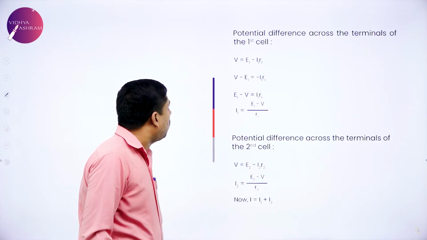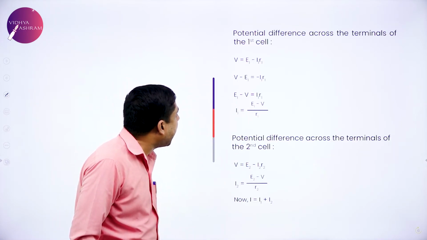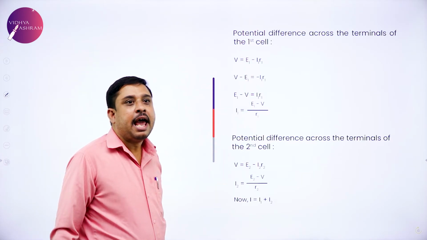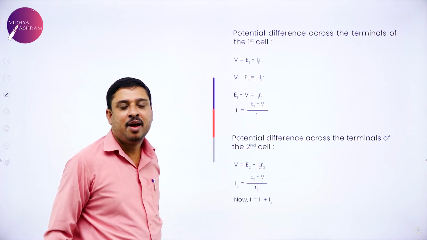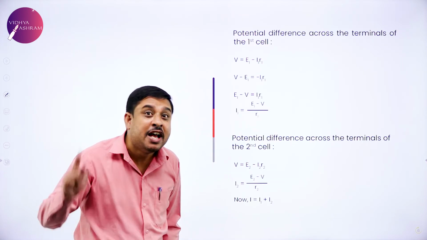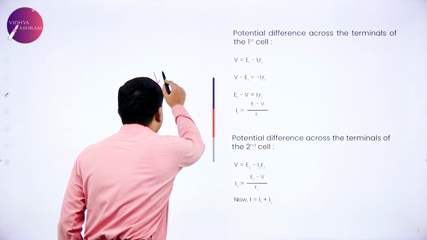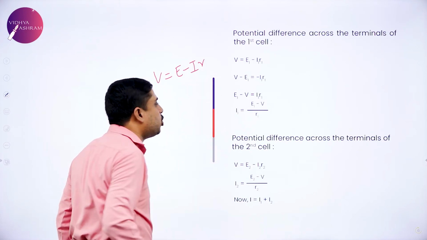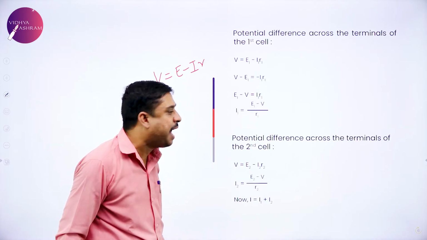Now, going to the mathematical part, I will calculate the potential difference across the terminals of the first cell. I had the expression for potential V equals E minus I R. Potential cannot change, as the cells are connected in parallel.